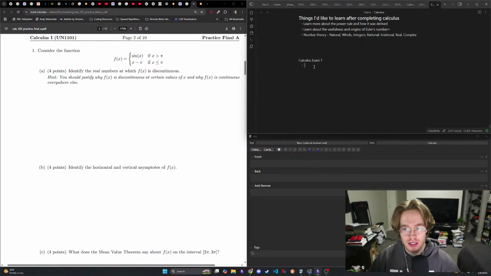So one, consider the function, and then the first part: no real numbers are discontinuous. Well, is that the case?